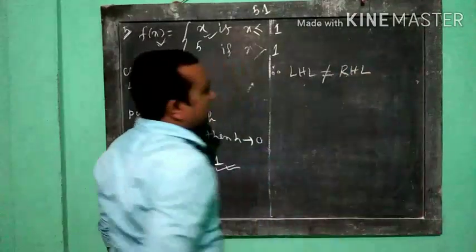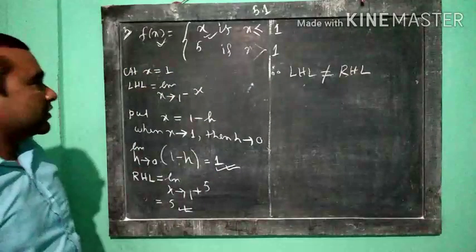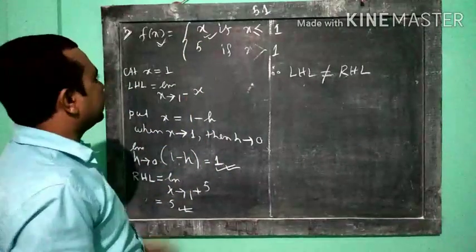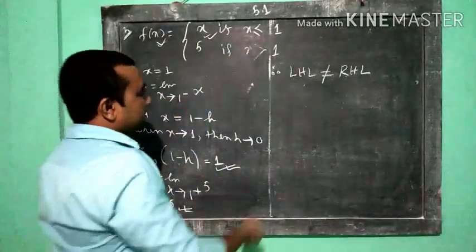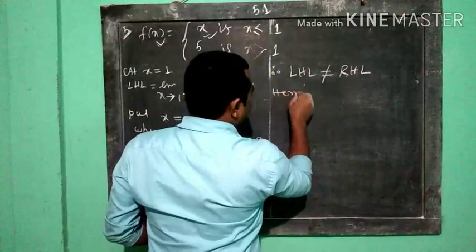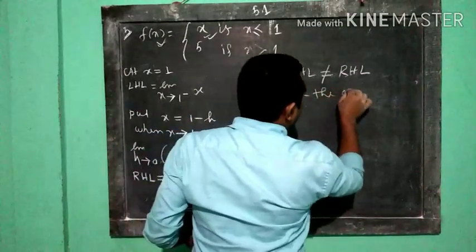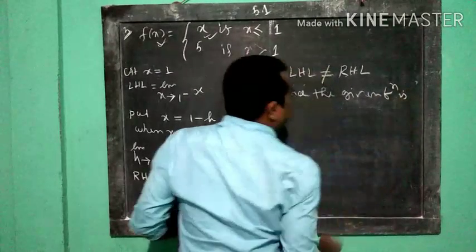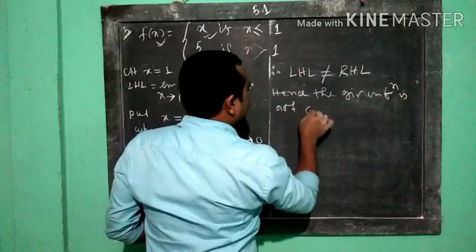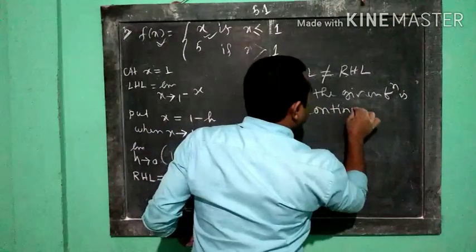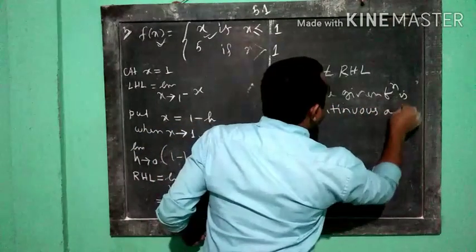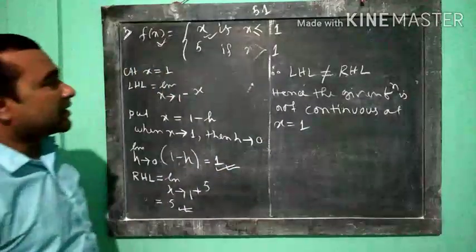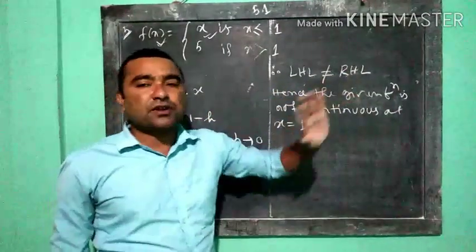Since left hand limit is not equal to right hand limit, the given function is not continuous at x equal to 1, because right hand limit and left hand limit are not the same.